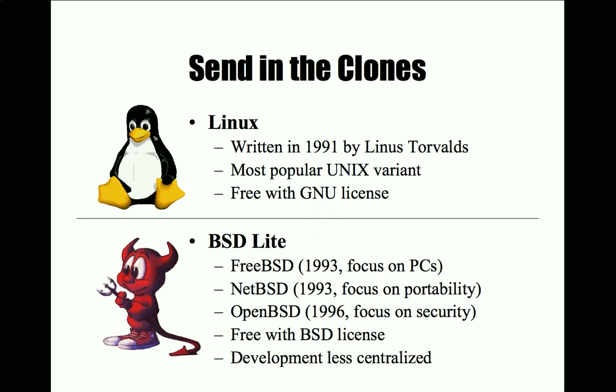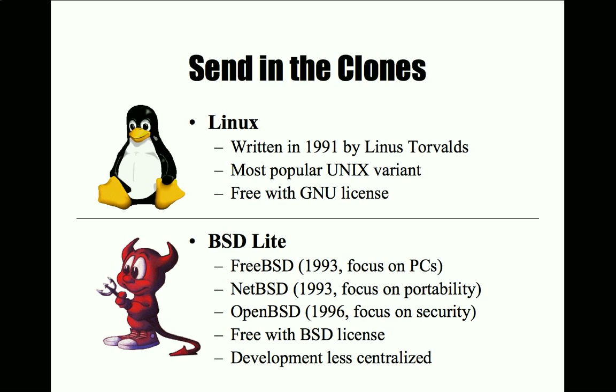And then the biggest clone of them all, Linux, of course, written by Linus Torvalds in 1991, and it's the most popular Unix variant, and it's a free operating system, it's open source, and different places package it and add some utilities or GUI interface and sell it for a nominal fee of around $10 or $20.